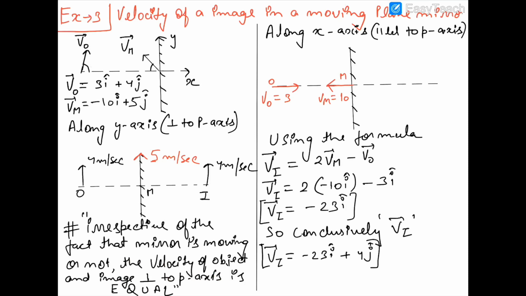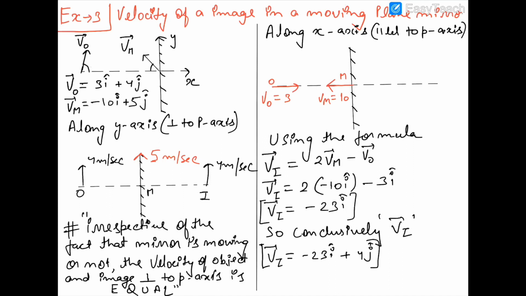I have highlighted this word equal. So it doesn't matter whether the mirror is moving or not along the direction perpendicular to the principal axis. The thing which matters is that the velocity of the object and the image is equal, in direction as well as in magnitude. Therefore, I can say that the velocity of the image along the direction perpendicular to the principal axis will be equal to 4 meters per second only.